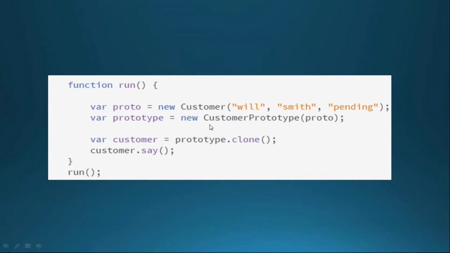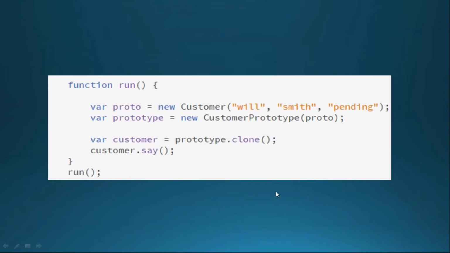When I call new of customer prototype, it will return the created object. On the created object, I call the clone method. When I call the clone method, it returns a new customer object containing the values of the first created customer object. This is how we can use a prototype design pattern in JavaScript.